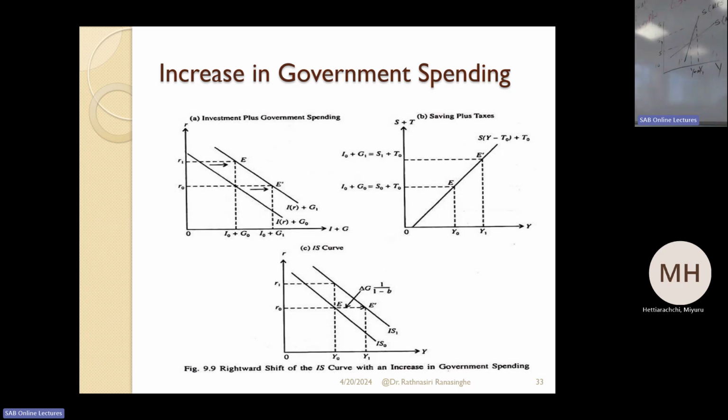As a minimum, I will give you a prize for that. What is this? Delta G times 1 over 1 minus C. What is it? Anyone?